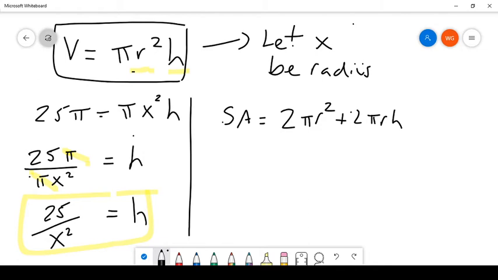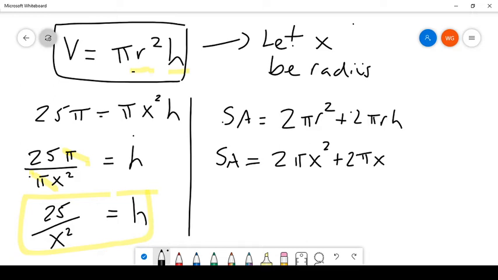But of course, we're going to modify that formula by plugging in the variables that we have defined according to our constraint equations. So surface area, in fact, will equal 2 pi x squared plus 2 pi x.